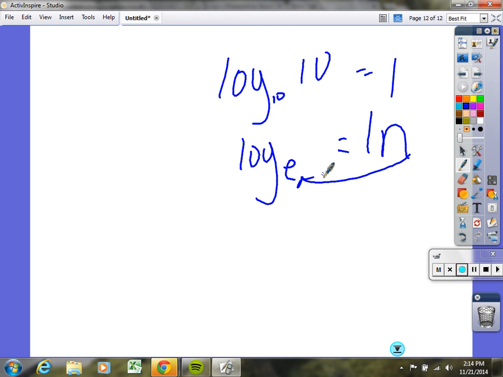I don't know how much of that you're going to be using today, but that is something important. I usually write ln a lot because it's one less letter. Log base E, anything log base E is considered an ln. It's the natural log. They just call it the natural log.